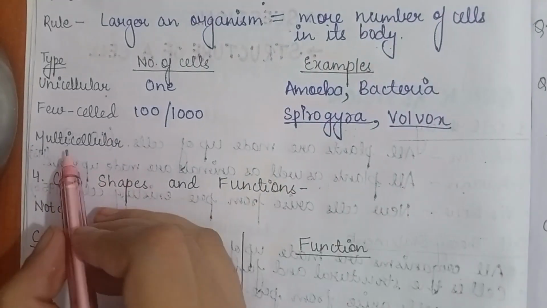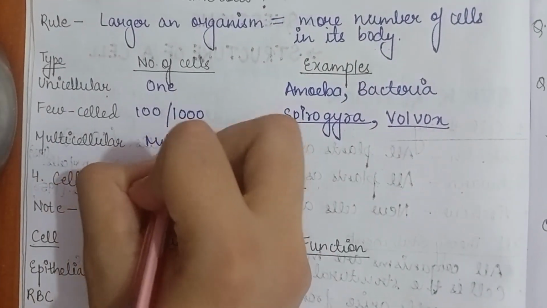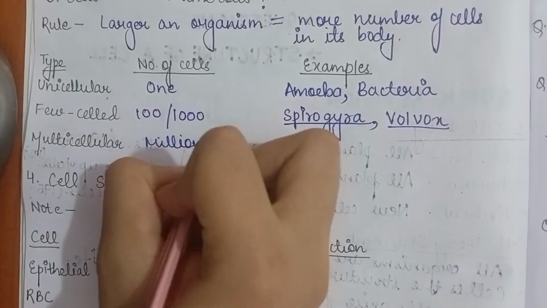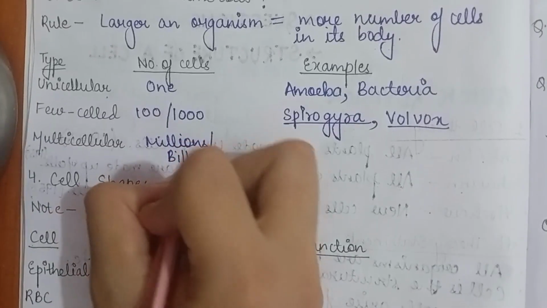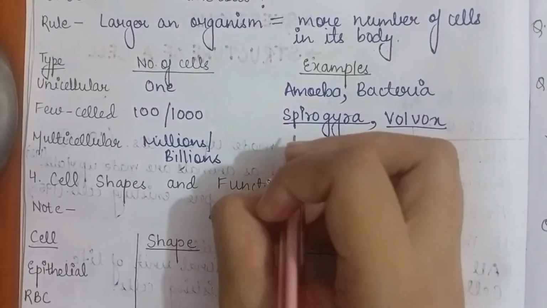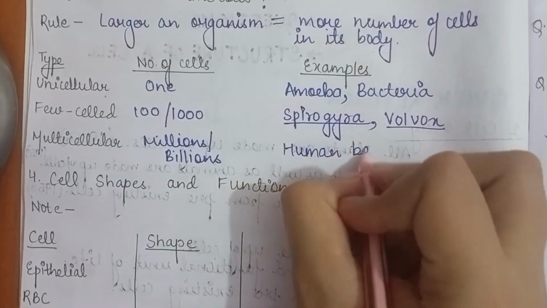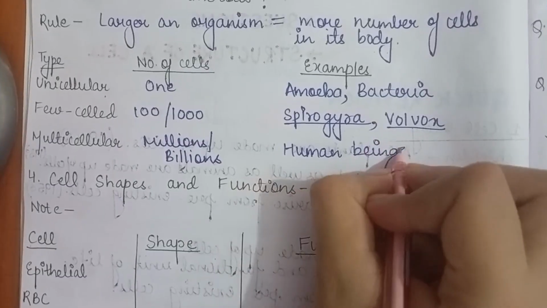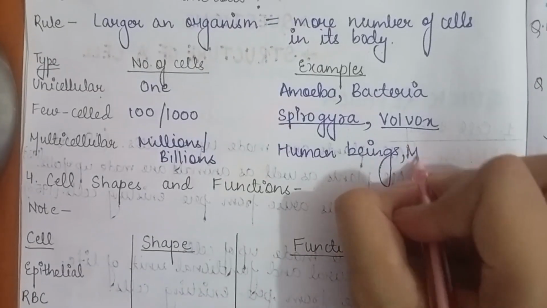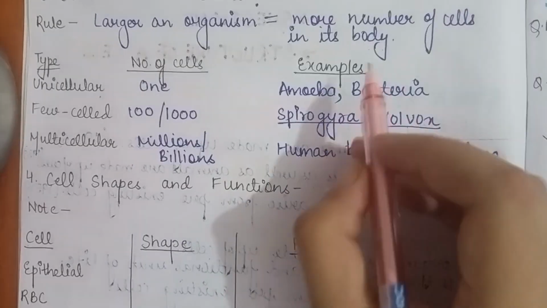Then multicellular they have cells in millions and billions. Okay, an example are human beings and mango tree. These examples are mentioned in your books.